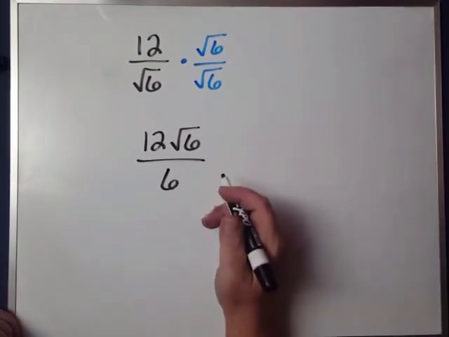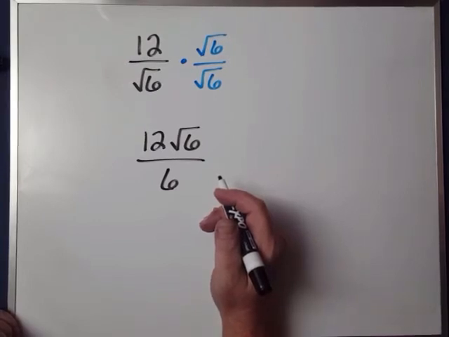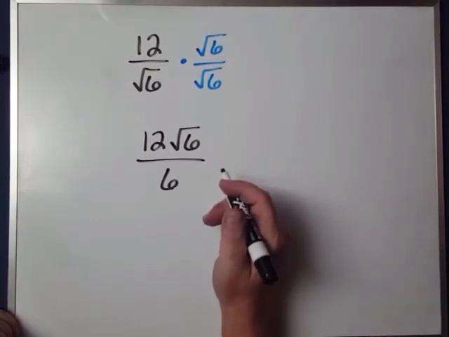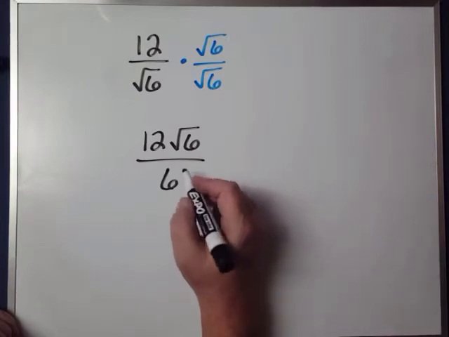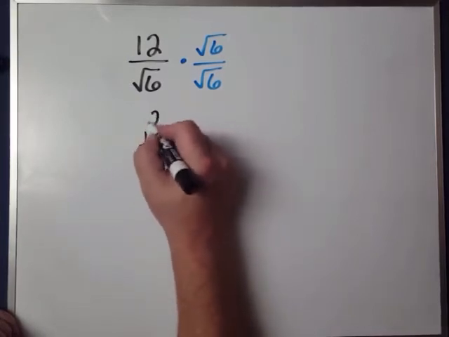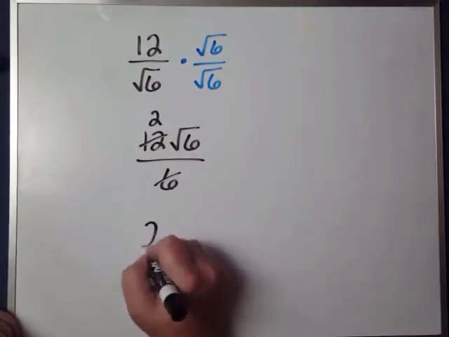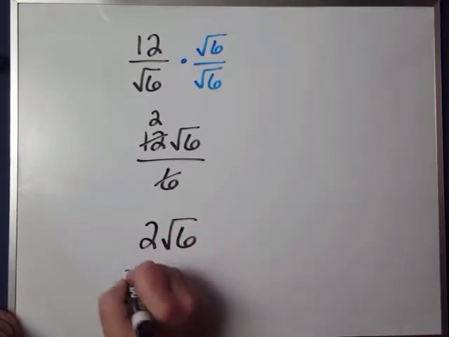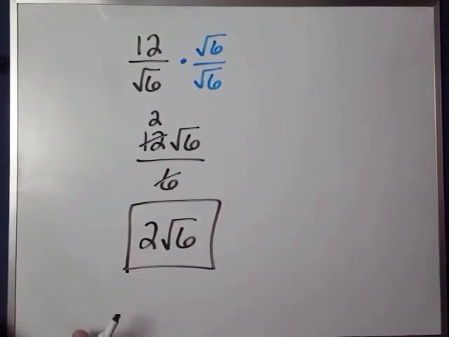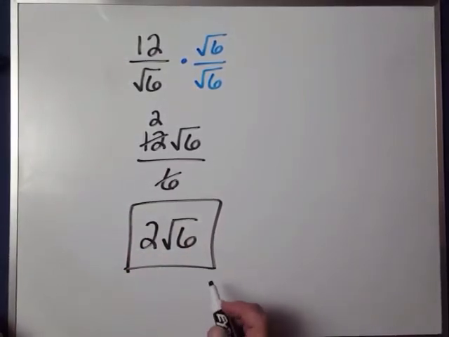Can this be simplified any further? Well, not as far as radicals go, but as far as rational expressions, I can reduce this. 6 goes into 12 twice. This reduces to 2 square roots of 6. And like I said, you can always check these.